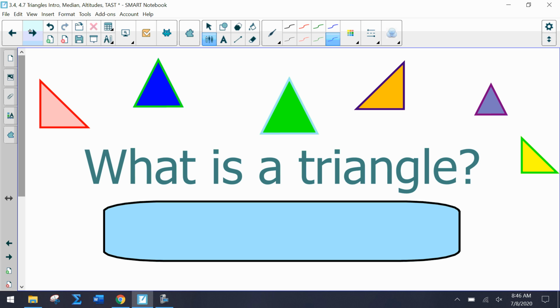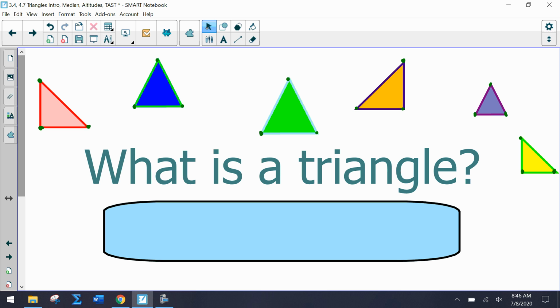Okay, so now we're diving into what a triangle is. So we all know what a triangle looks like, but how can we describe what it is? How many points do we have in a triangle? And everyone's thinking about this and saying it out loud. How many line segments are in a triangle? Okay.